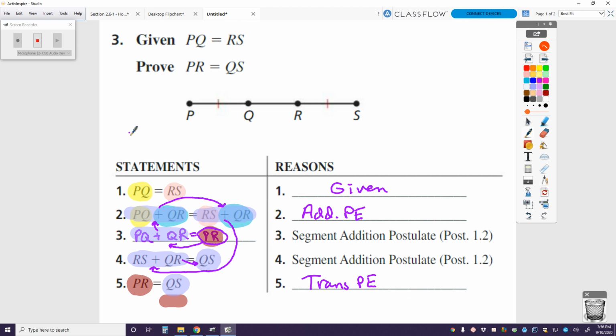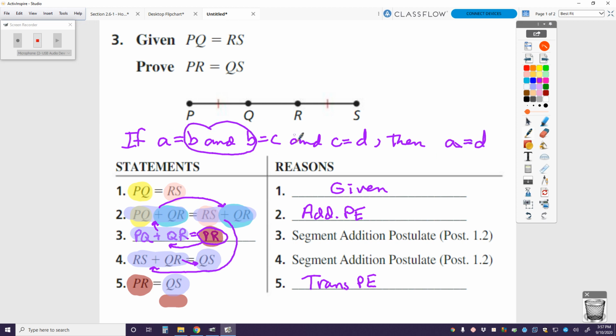So what they did, and I'll put this in simpler terms here, they said basically if A equals B and B equals C and C equals D, then A equals D. So we had that connection and another connection to bring it all together. They did that same thing.